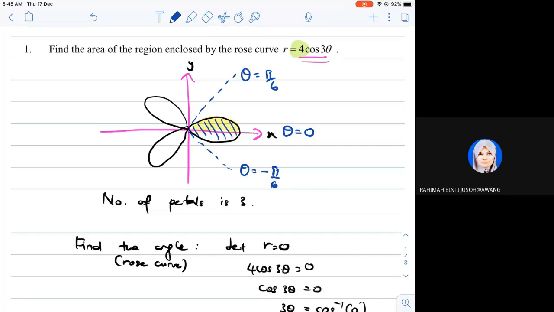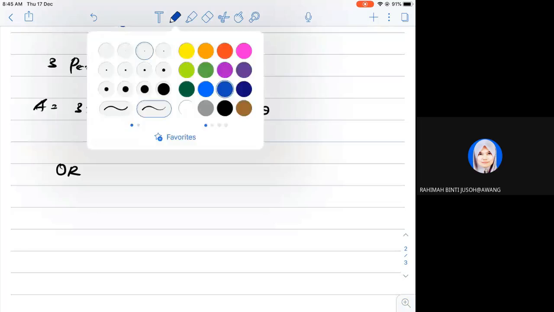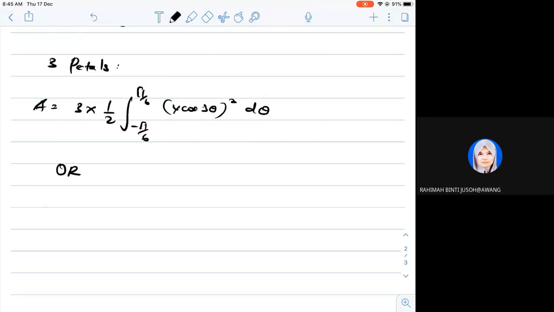Why? Because substituting theta equals 0 is much easier compared to substituting theta equals negative pi over 6. So that's why sometimes we can consider half of the petal, so we need to multiply by 2. Alternatively, I will write here A equals 3 times half times 2. Why times 2? Because I consider half.